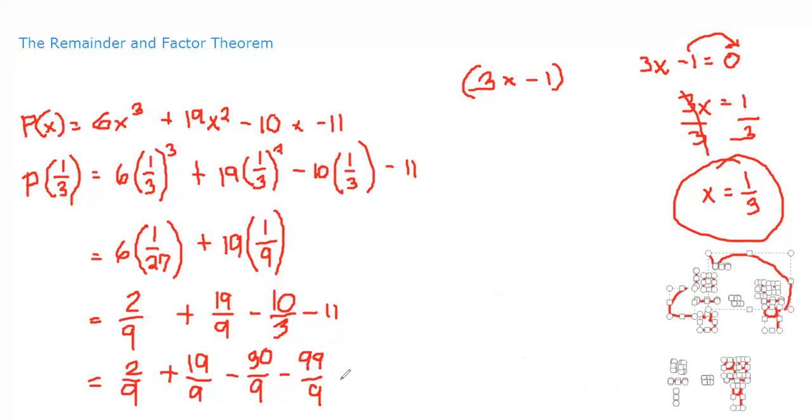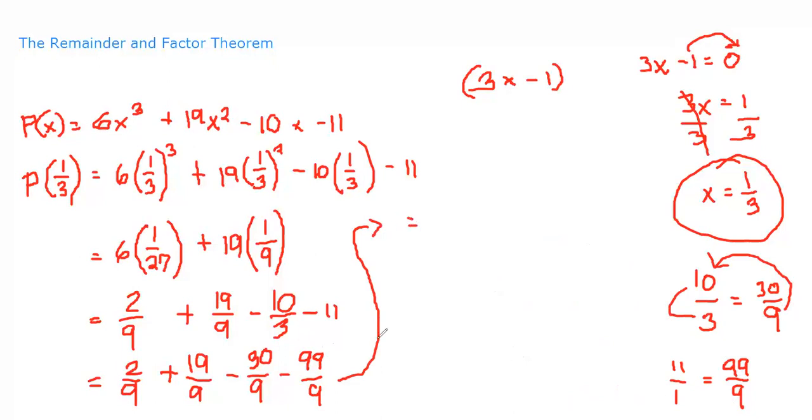So, equals. Let's combine the positive terms and the negative terms first. These two are both positive and these two are both negative. So, 2 over 9 plus 19 over 9: 2 plus 19 is 21, so we have 21 over 9.